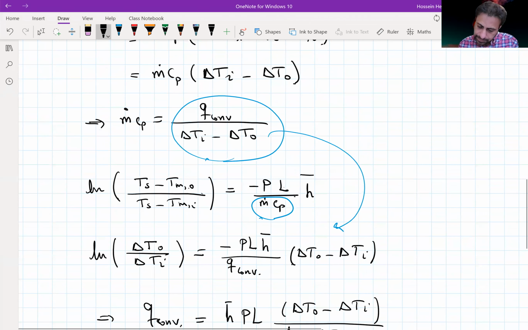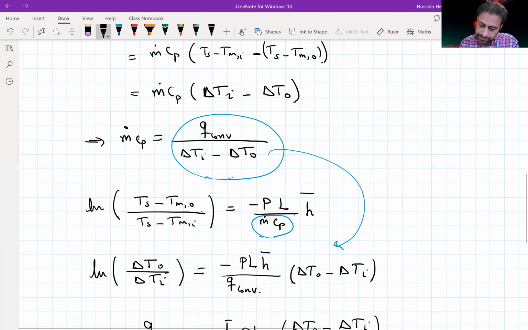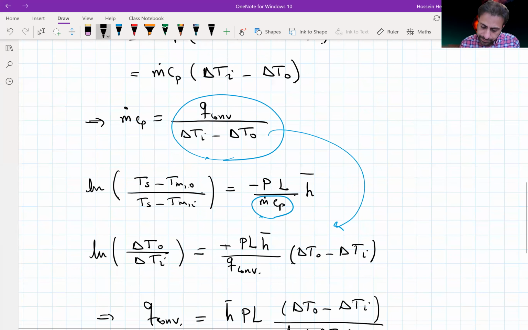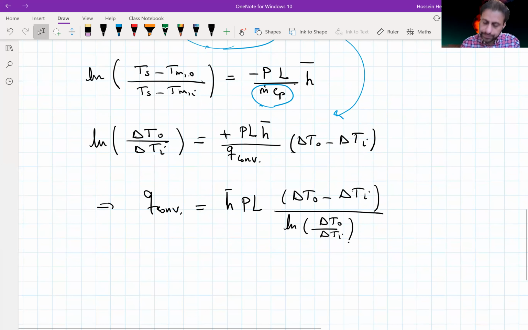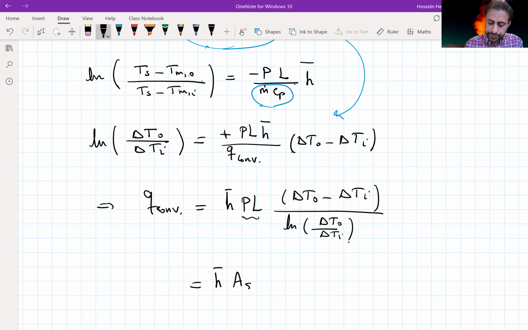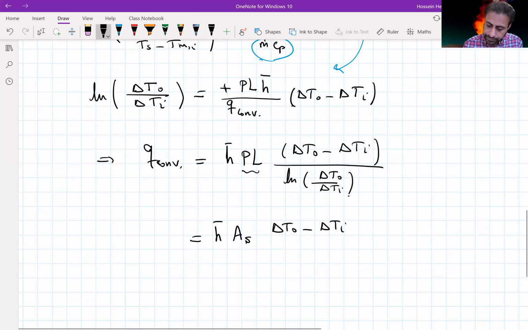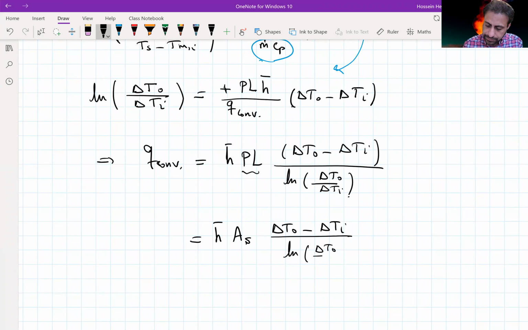I guess I made a mistake. This is Ti to To, so this is going to be positive here. P times L is the surface area, so it's going to be h As (delta To minus delta Ti) divided by the natural log of delta To divided by delta Ti. So this is going to be the Q convection.